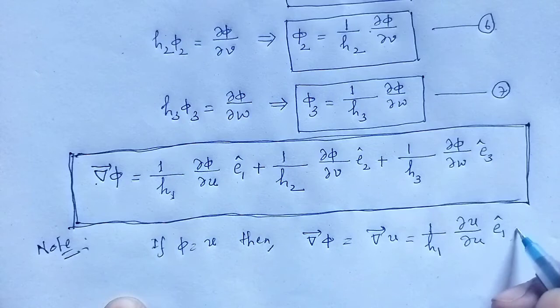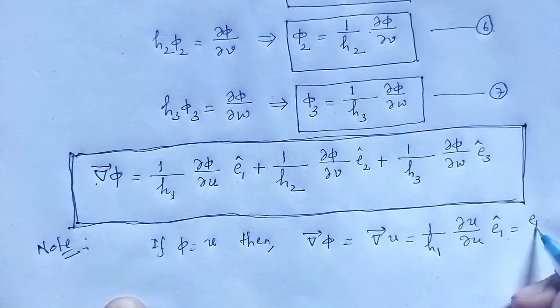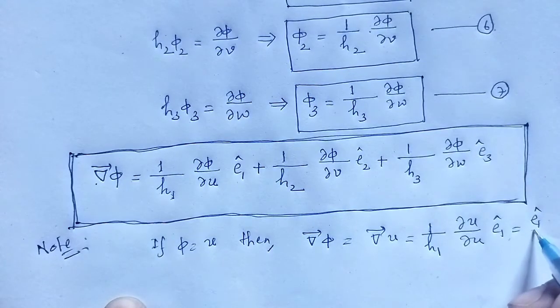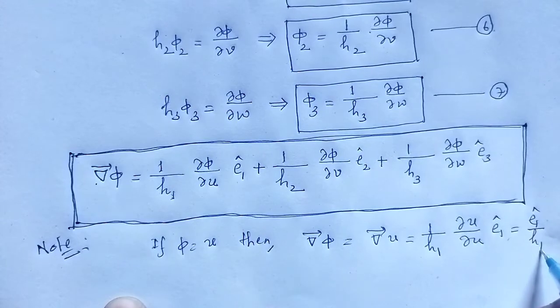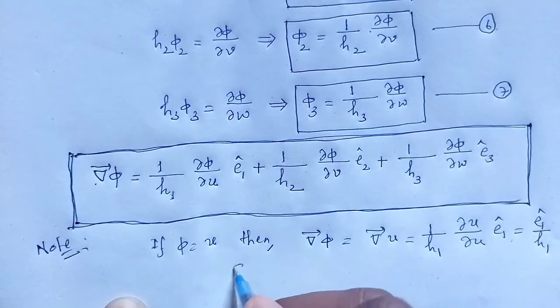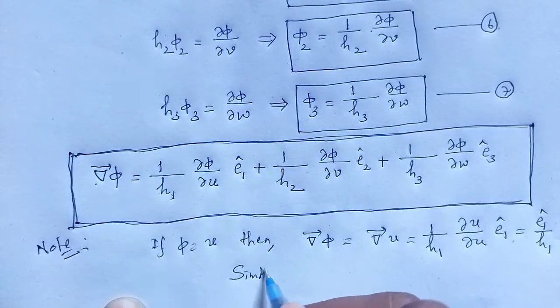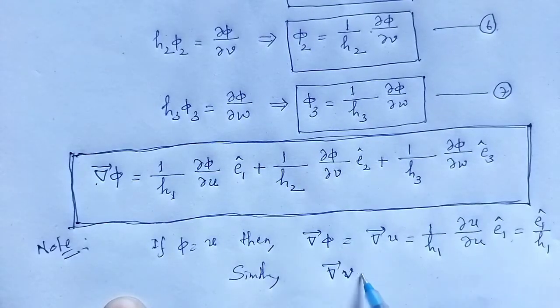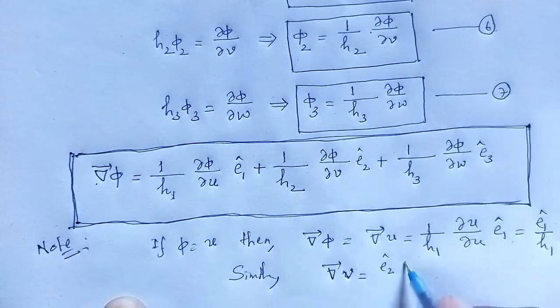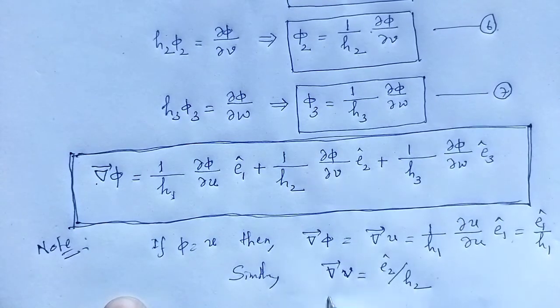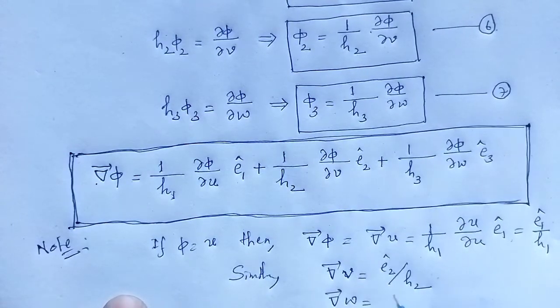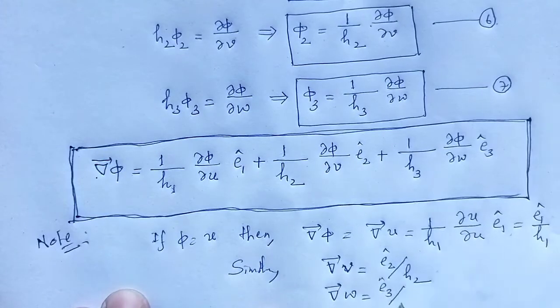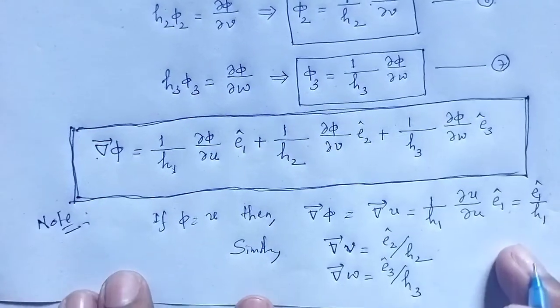This will be changed to e1 cap divided by h1. Similarly, for grad of v, I can write e2 cap divided by h2. Grad of w is equal to e3 cap divided by h3.